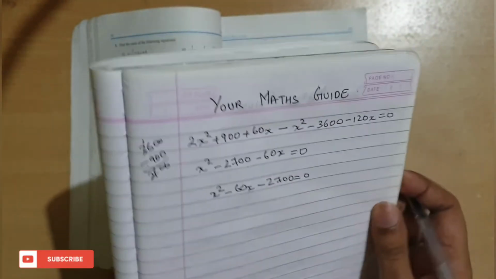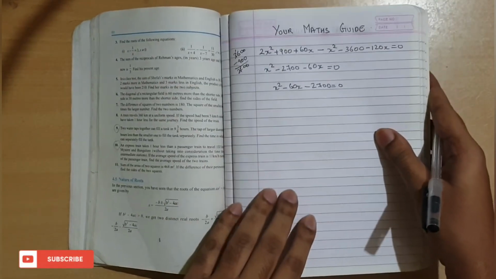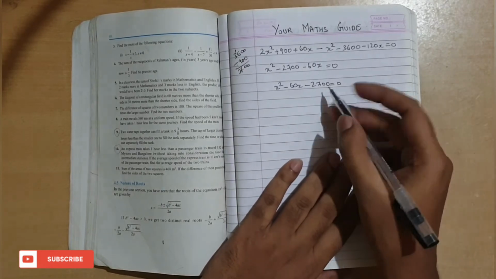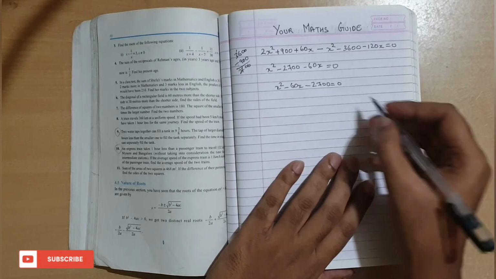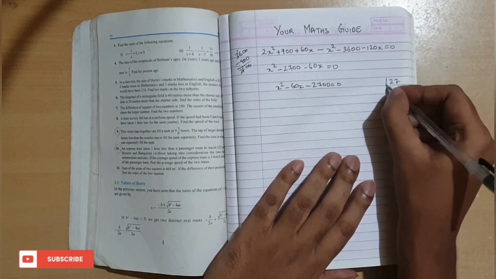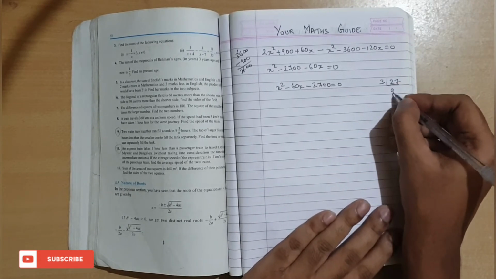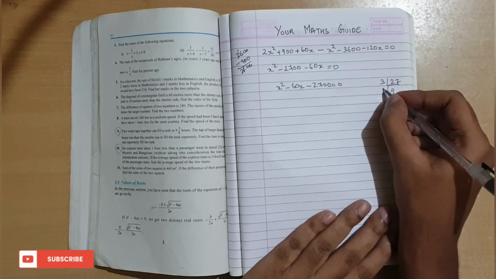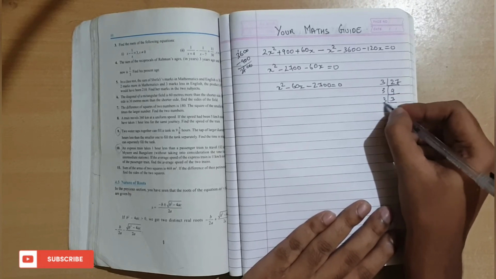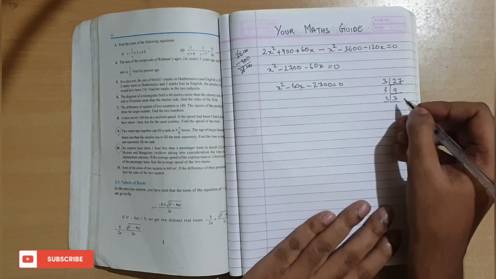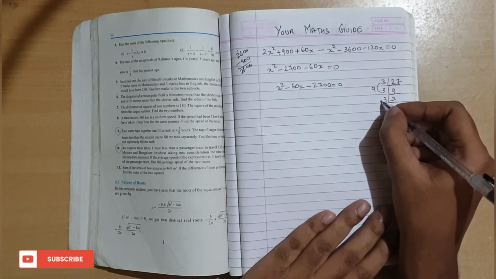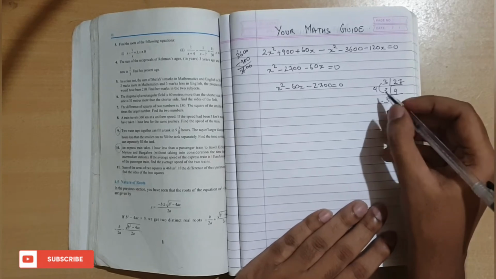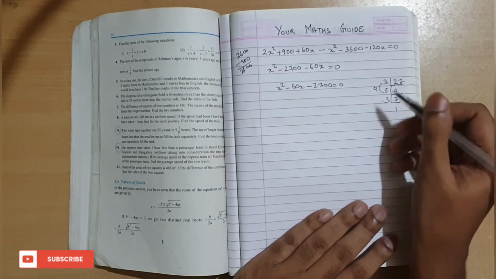Okay, so now see guys, 2700. Let us find out the factors. 27 will be 3 9s are 27.